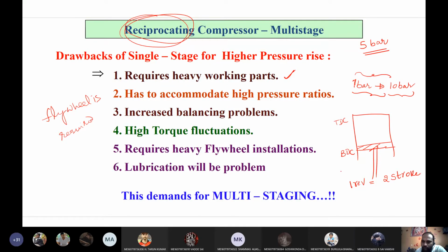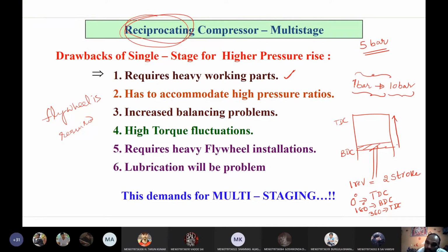Let us assume at 0 degree of crank, the piston is at the top dead center. At 180 degree, it will reach the bottom dead center. Again at 360 degree, it will go to the TDC. Now tell me, is the velocity of the piston uniform throughout the stroke?